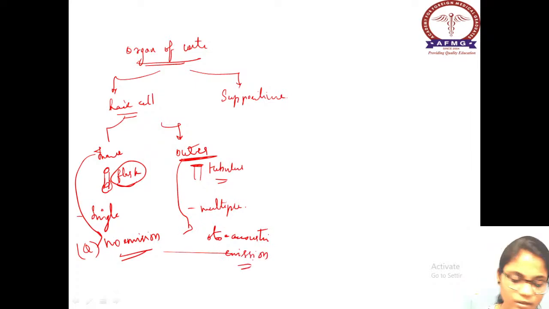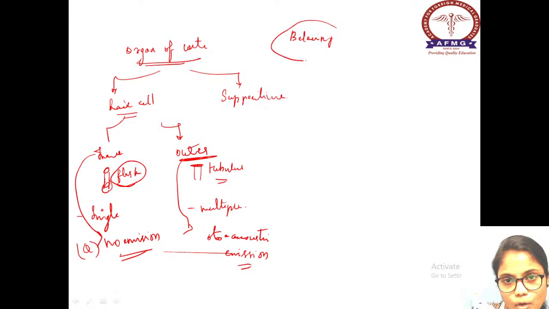Supportive cells do the supportive function of the organ of Corti. That is also important to mention. About the balancing function of the ear, morphologically and functionally, it is done by the vestibule.